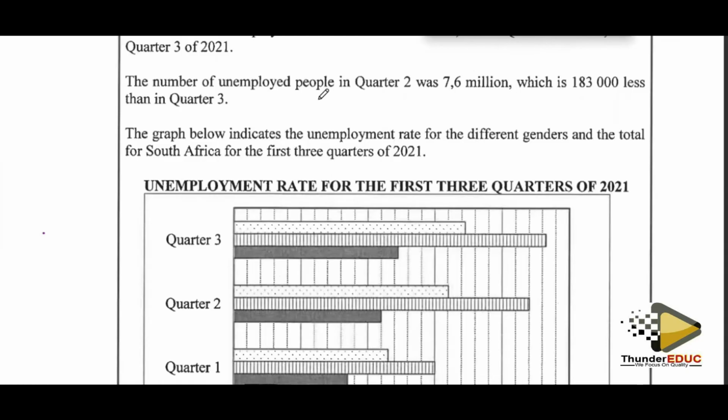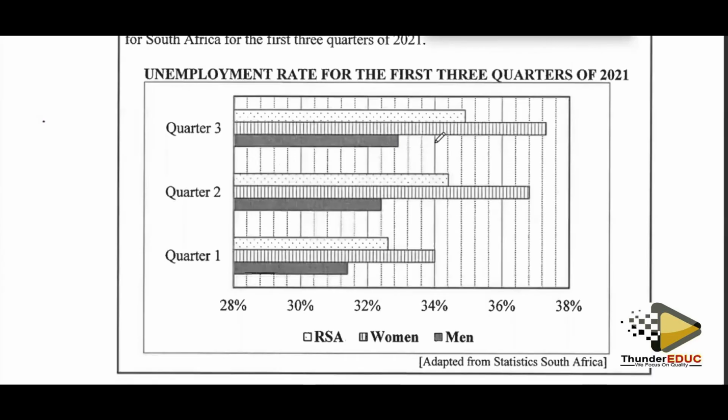The graph below indicates the unemployment rate for the different genders and the total for South Africa for the first 3 quarters of 2021.